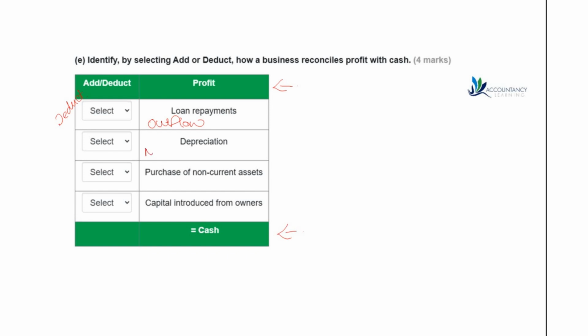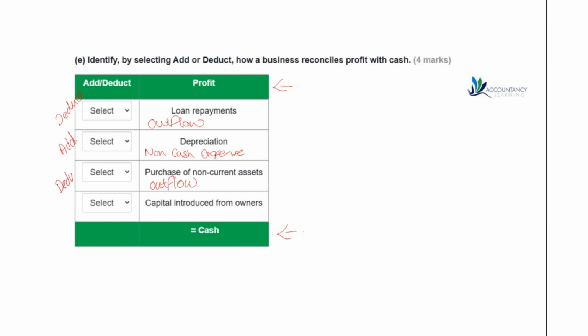Depreciation. This is a non-cash expense. This is only reducing the carrying amount of our assets. So therefore we're going to add that back in to the profit. Purchase of non-current assets. This is going to be an outflow.